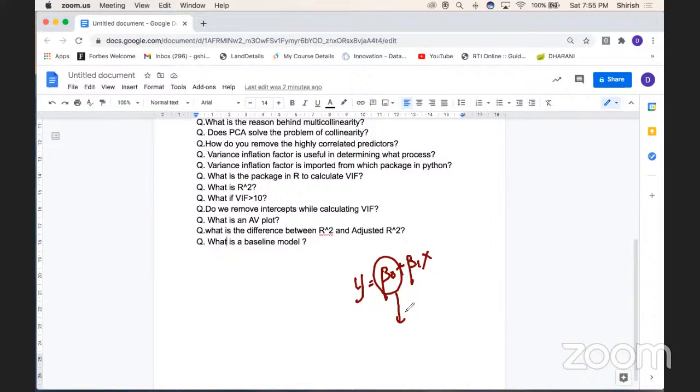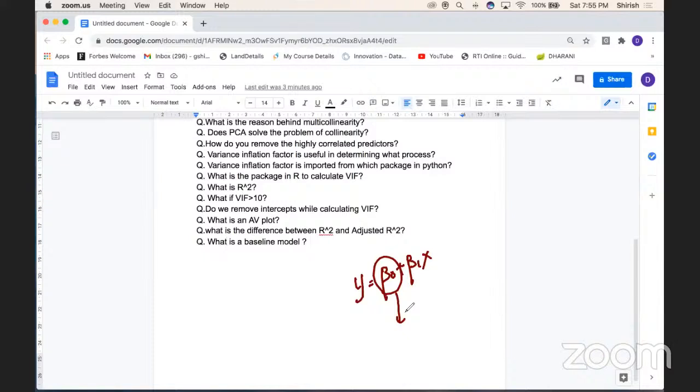If x is altered by 1 unit, what is the change in y? It means that when x changes by 1 unit, your y would change by beta units. Right? So that's about your beta and that's about your slope.